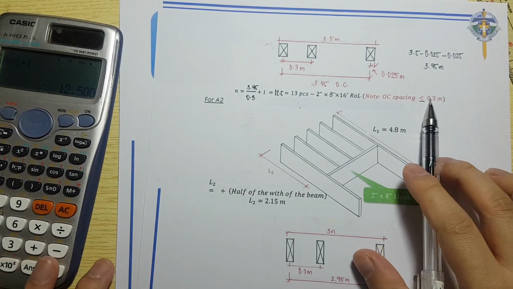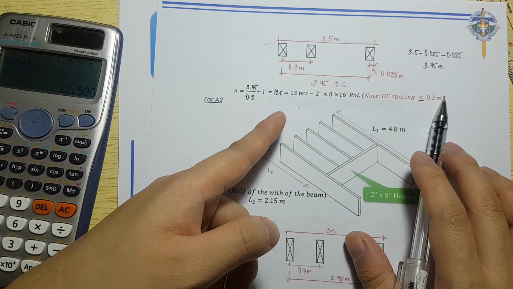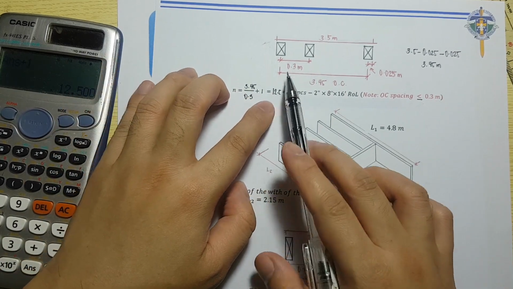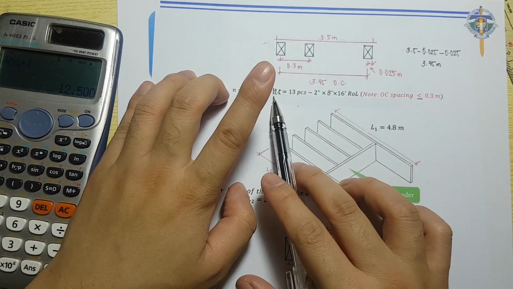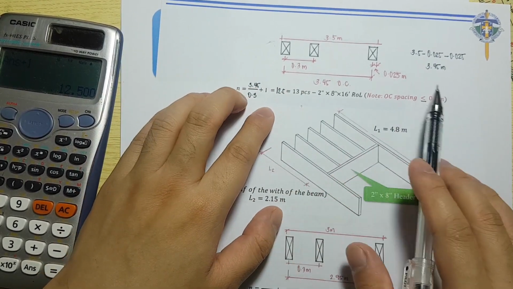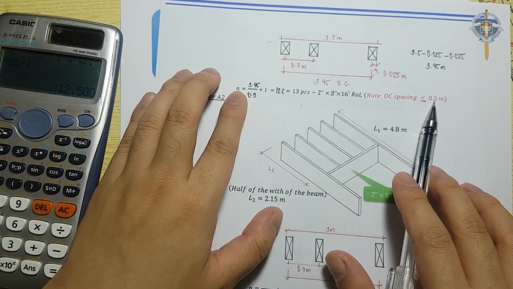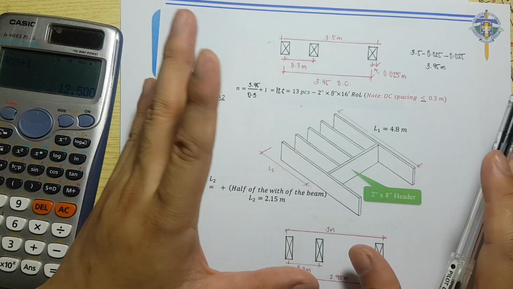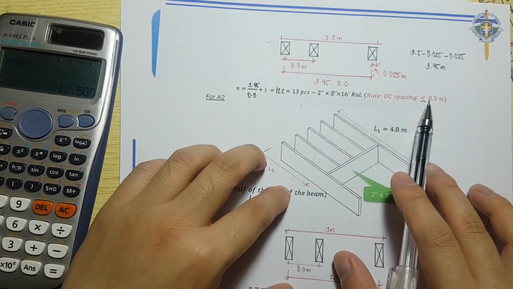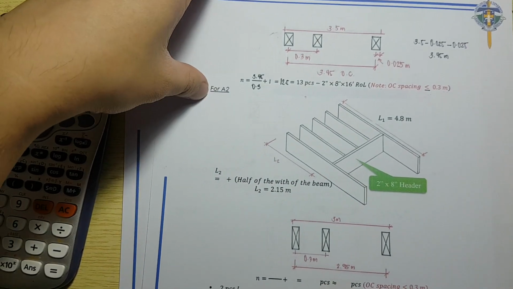If it is less than 0.3, okay pa rin siya. Because if we want 0.3 on-center distance, ang number ng floor joist natin is 12.5. But since we rounded up to a whole number, naging 13 na siya, it is expected that the on-center spacing would decrease and it would be less than 0.3, which is still safe as long as we did not exceed 0.3 meters. Okay?